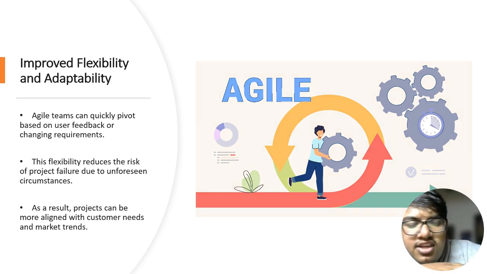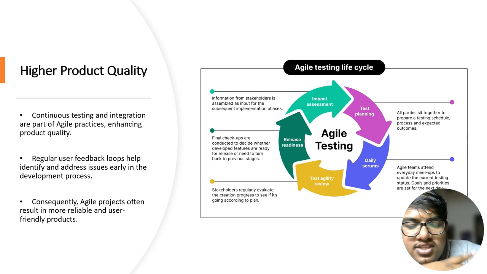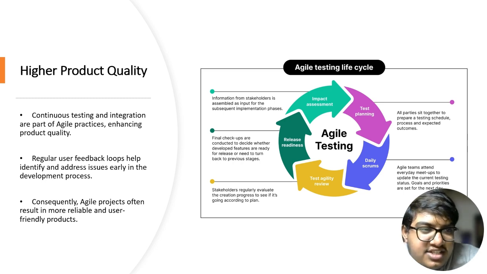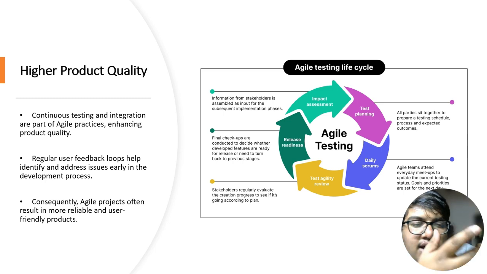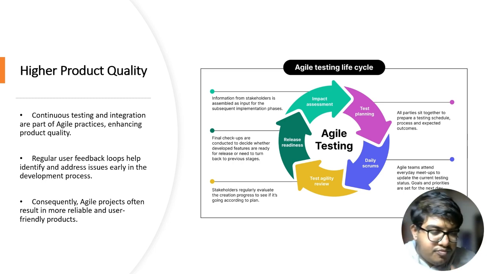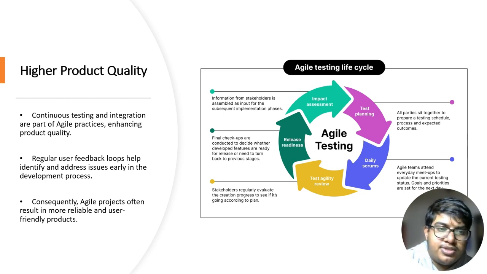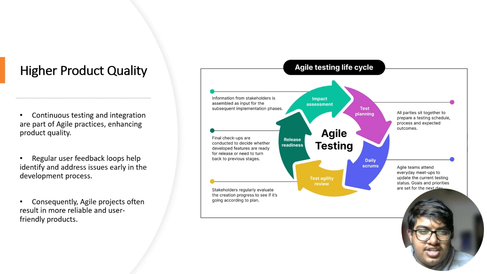Now, the agile development process also provides really high quality in your software or anything that an agile team is developing. Continuous testing and integration are part of agile practices, which enhances quality highly. Regular user feedback loops, as I mentioned just now, mean you give prototypes most of the time. Every time a change is made, a prototype is created and given to your stakeholder.